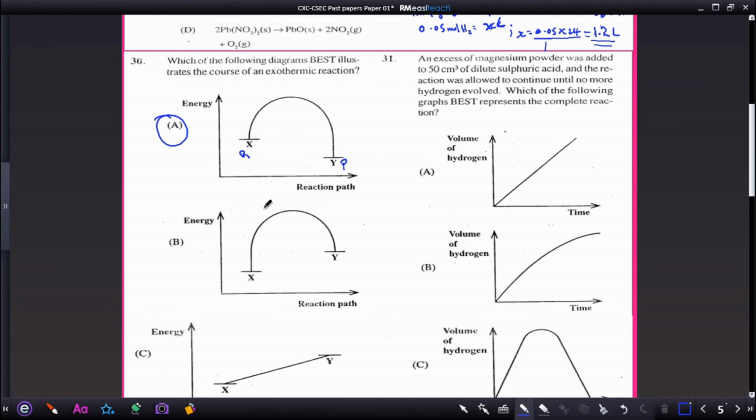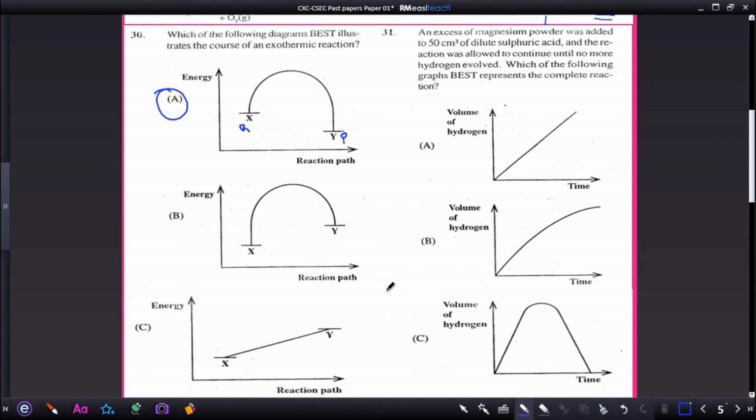31. An excess of magnesium powder was added to 50 centimeter cube of dilute sulfuric acid, and the reaction was allowed to continue until no more hydrogen evolved. Which of the following graphs best represents the complete reaction?